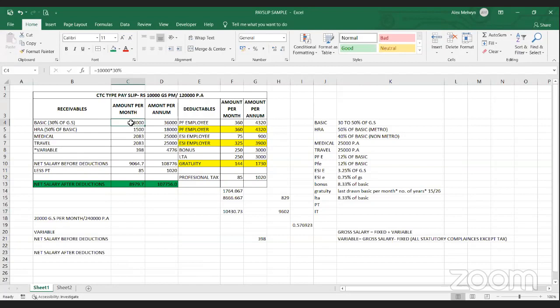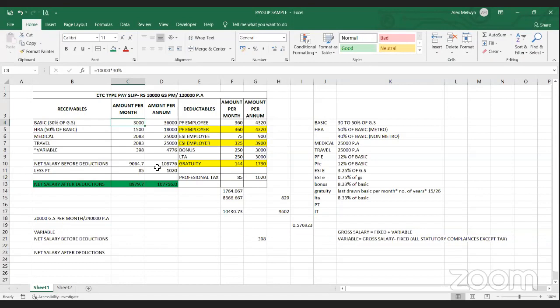Sir, I have calculated the receivables, sir. It is coming to 13,166 for receivables, and the deductions are coming to 6,701. So when we add these together, it is coming around 19,867, sir.